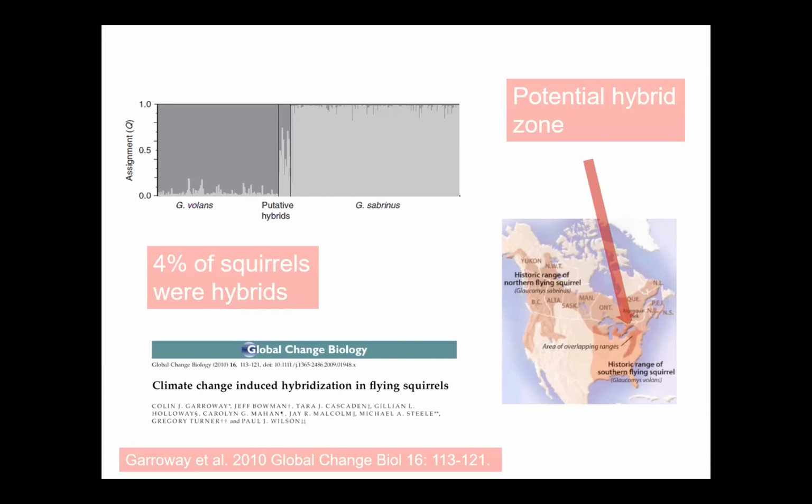We also found some offspring that were introgressed squirrels. So those are squirrels that had a hybrid parent that was able to reproduce with one of the other two species. So what that confirms is that the hybrids are able to reproduce. So they're fertile.